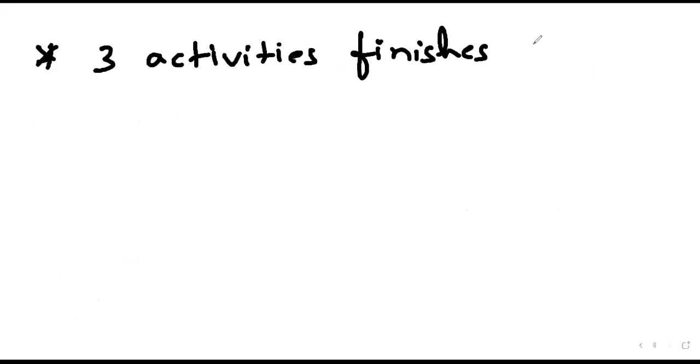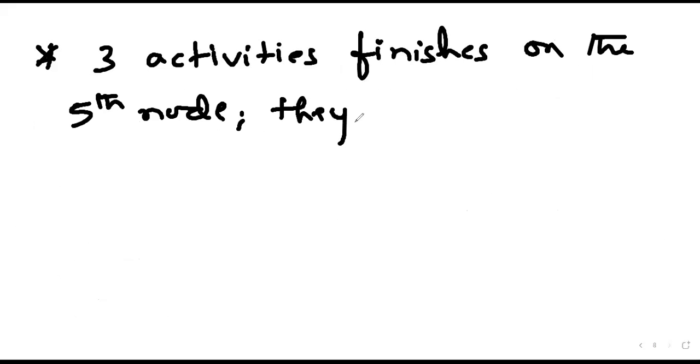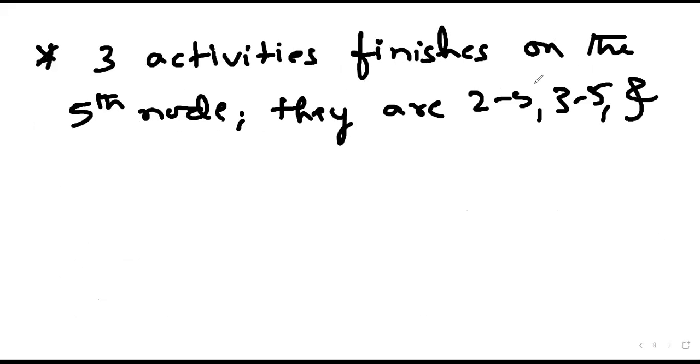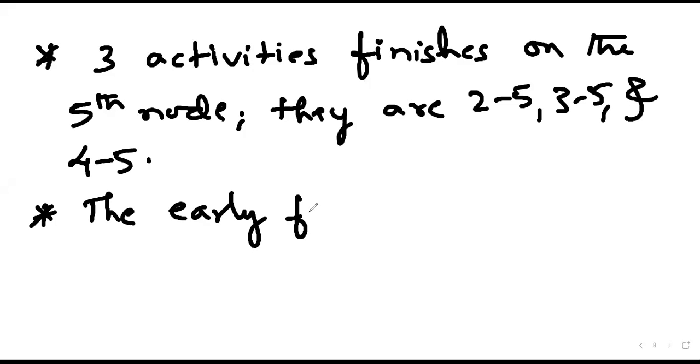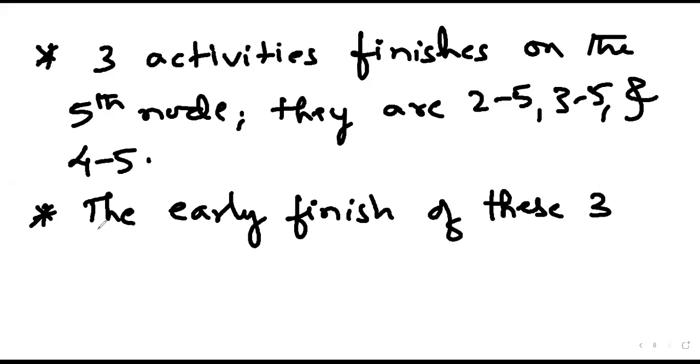The 3 activities finish on the 5th node. They are 2-5, 3-5, and 4-5. The early finishes of these 3 activities are: one is 41.